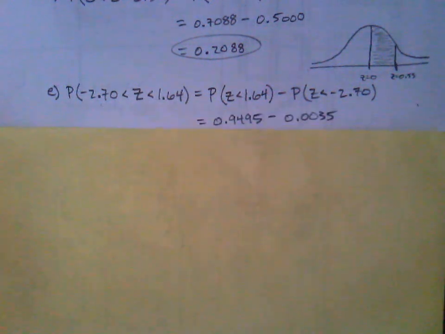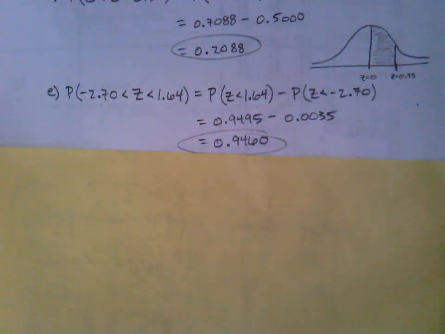So plugging those in, 0.9495 minus 0.0035, subtract, and we got our answer, 0.9460. All right. So, just reflecting on that one, I don't think I made a drawing there.